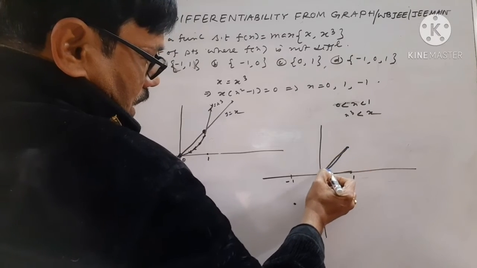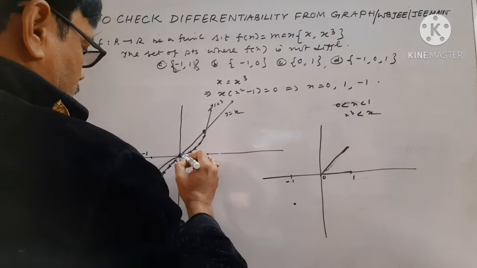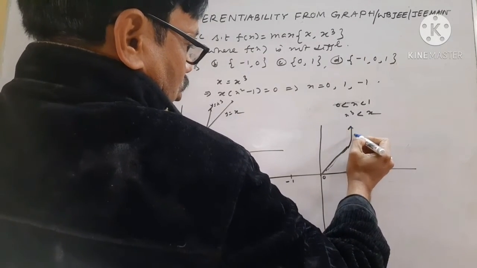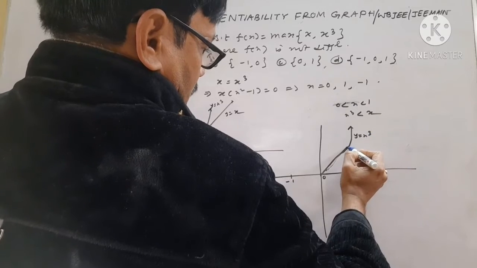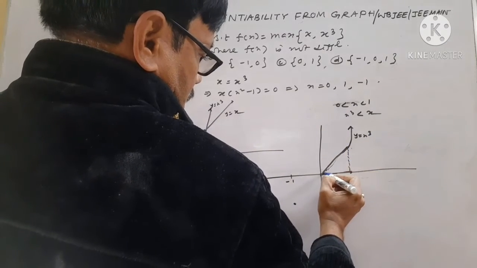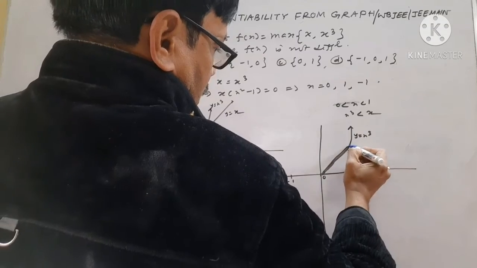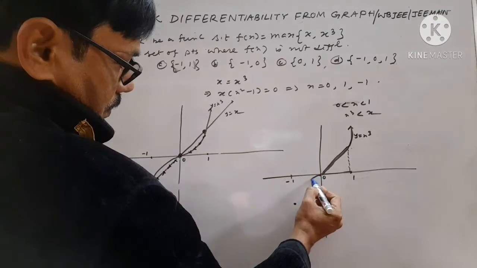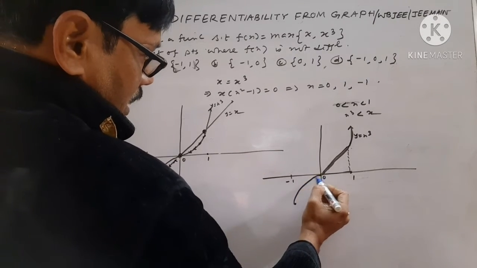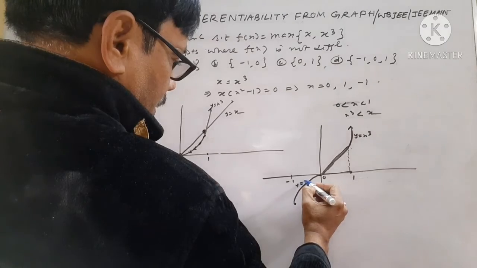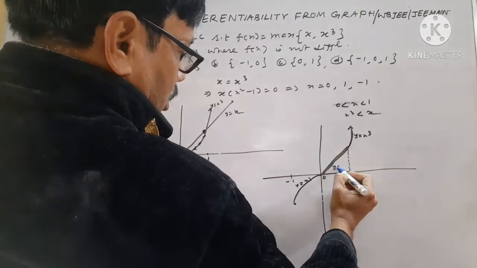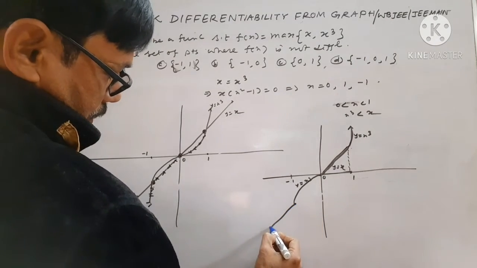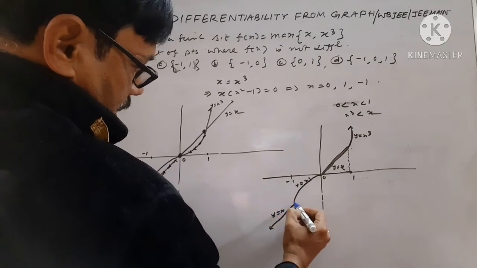From 0 to 1, this is x. Then y equals x cube. This is a straight line. Then here y equals x cube, this is y equals x. Then y equals x.